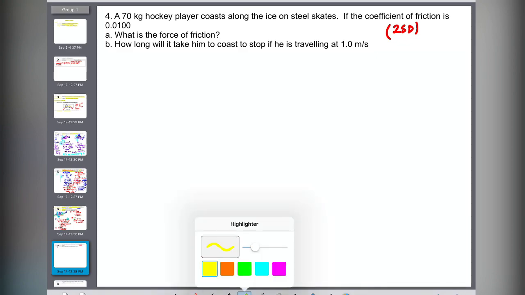Okay, two questions again. A 70-kilogram hockey player coasts along the ice on steel skates. If the coefficient of friction is 0.0100, what is the force of friction?